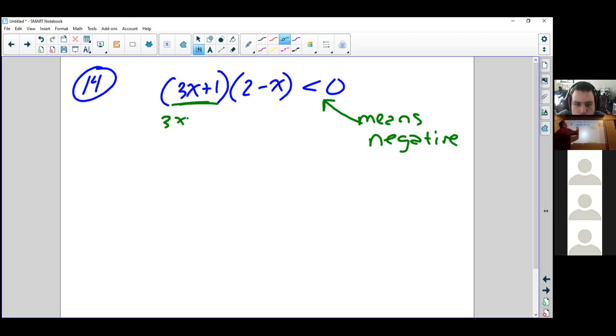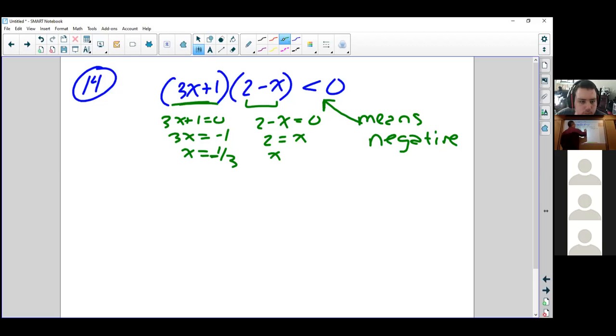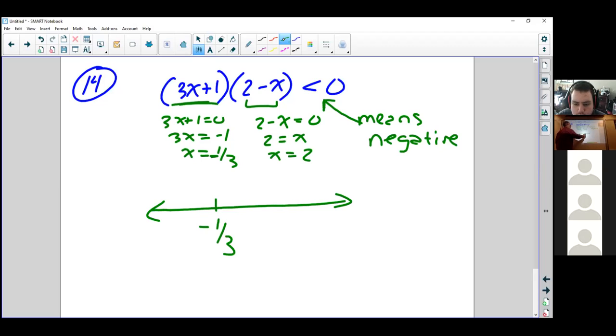So I'll go 3x plus 1 equals 0. So 3x equals -1, x equals -1/3. And then this one, if I set that equal to 0, I get 2 is equal to x, so x equals 2. So I'm going to draw myself a number line and draw my -1/3 here and draw 2 over here.